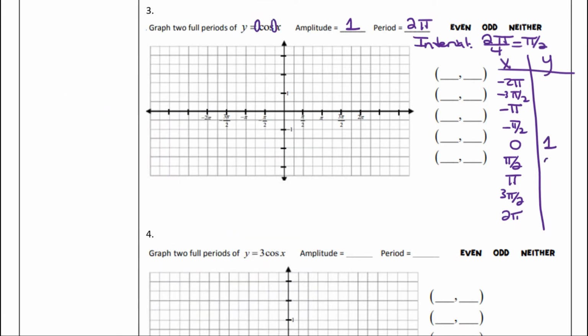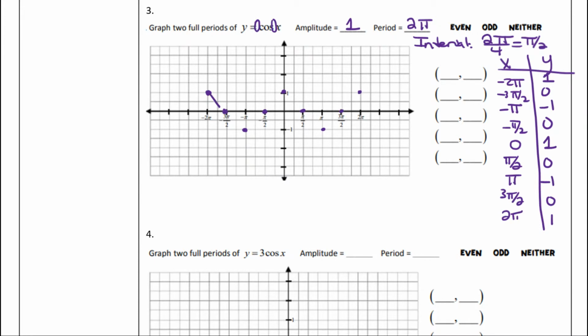So we have 1, 0, -1, 0, 1, and then repeat it on the other side, 0, -1, 0, and 1. So we can go ahead and graph it now. So -2 pi and 1, 0, -1, 0, 1, 0, -1, 0, and 1.